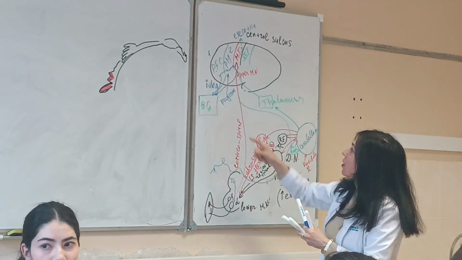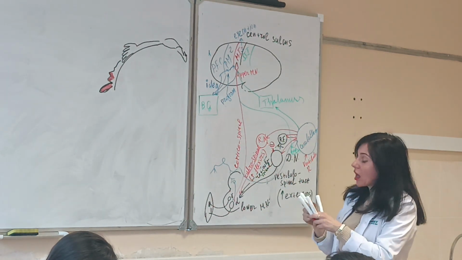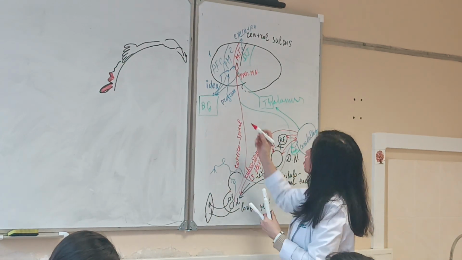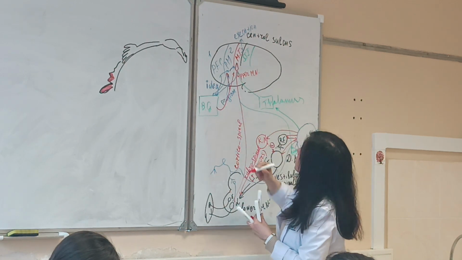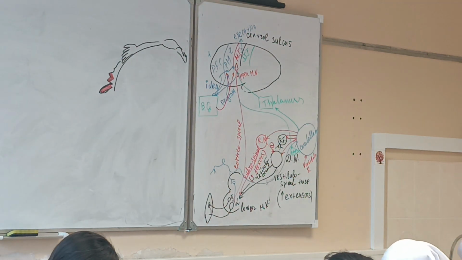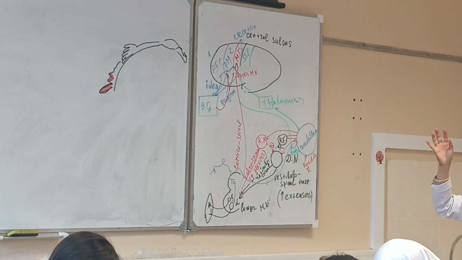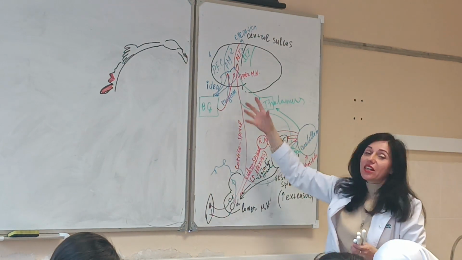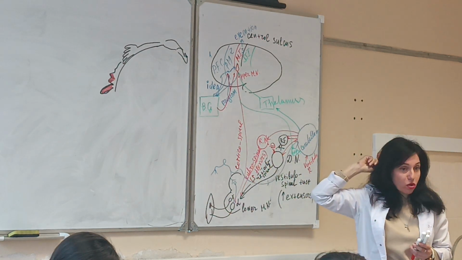Input comes from different cortex zones, and output comes back to premotor and primary motor cortex. I don't draw every connection here, maybe only 50%, because the basal ganglia receive signals not only from the motor zone.